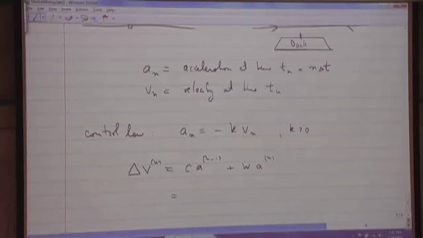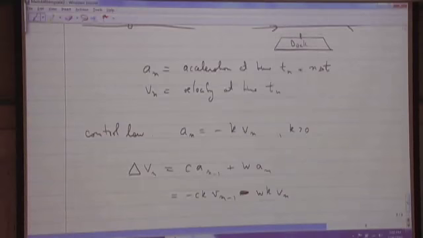So this is going to be equal to minus ck v_{n-1}. Sorry, I'm going to put the subscript here. Minus wk v_n.